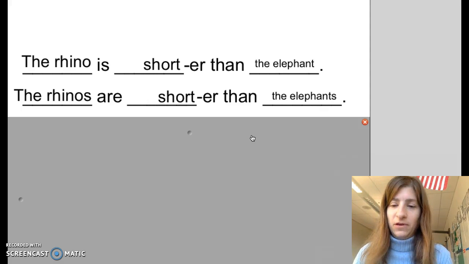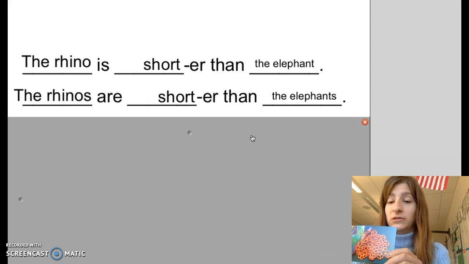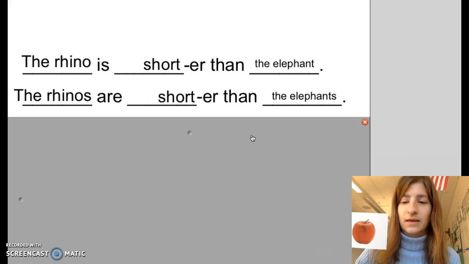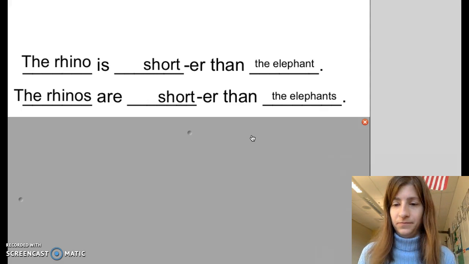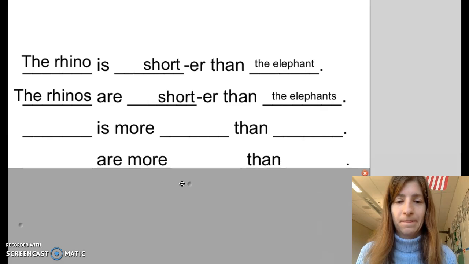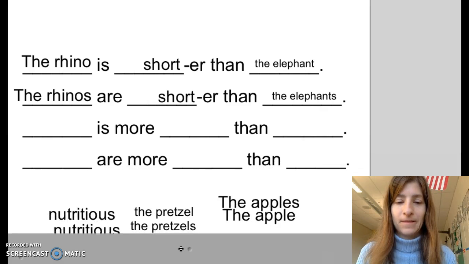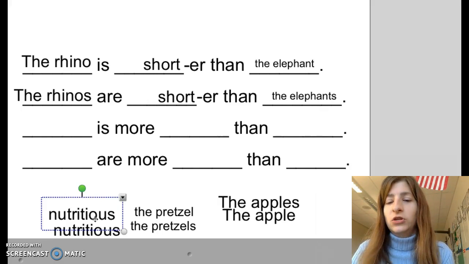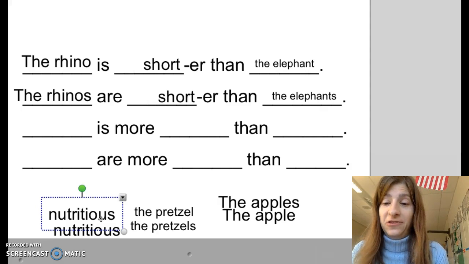Let's try something different. This time, I'm going to compare pretzels and apples. This time, I'm going to use the word nutritious. Nutritious means healthy or good for you, good for your body.